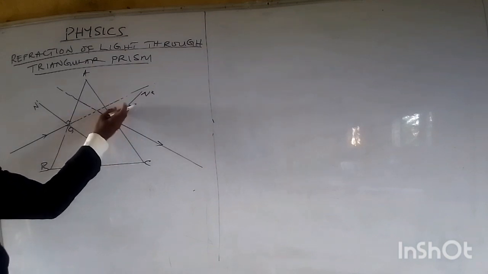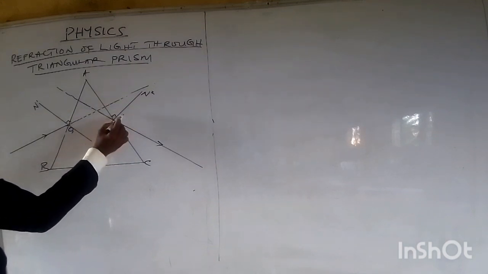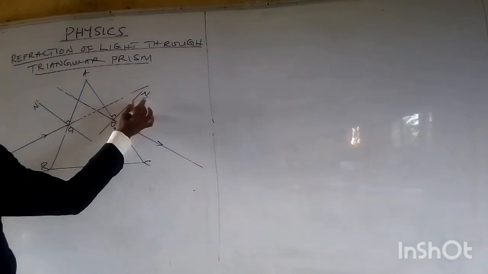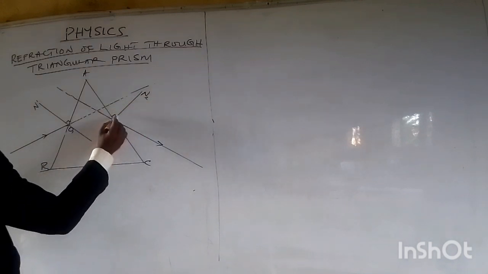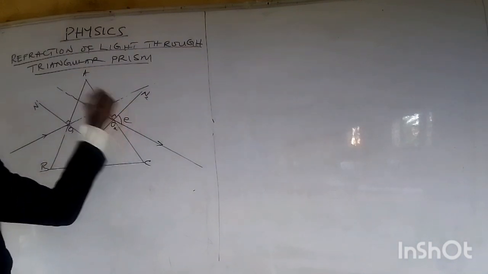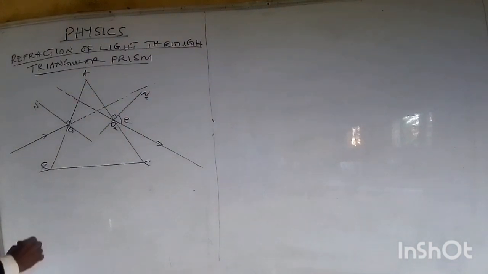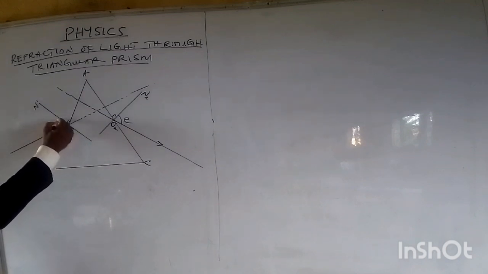Now, from here, this is the emergent ray. Between the normal and this emergent ray, we have, sorry, this is N2, please, not N squared, our angle of emergence. Now, between this normal here and the incident ray, we have our angle of incidence.